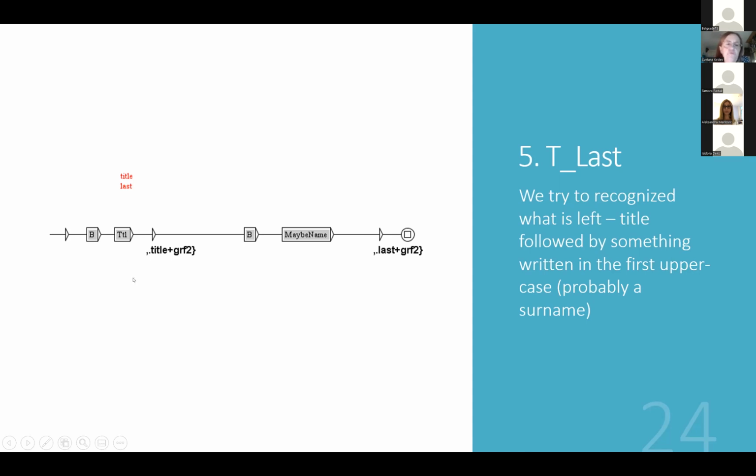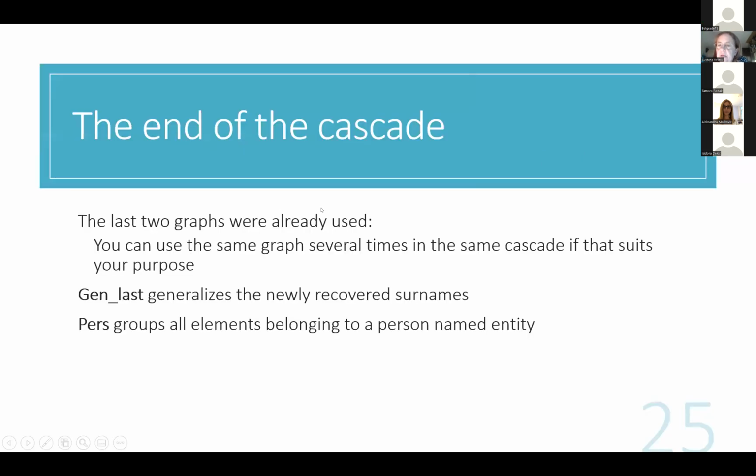So if we have titles, then it means certainly something from the list in this subgraph, and tag this title, and then maybe name tagged. That means something that may be a name, tagged as last name. Okay, that is done by the fifth graph.